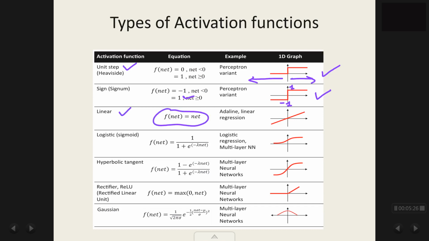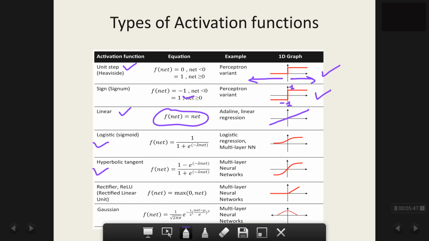That is, you will get a line like this, and then you have the logistic function, sigmoidal functions, hyperbolic tangent functions, and the ReLU function. We shall look at these a little later, but first we shall go to the next slide.